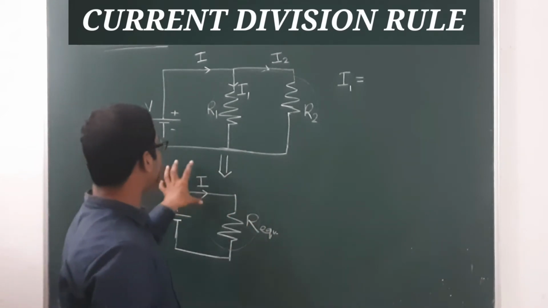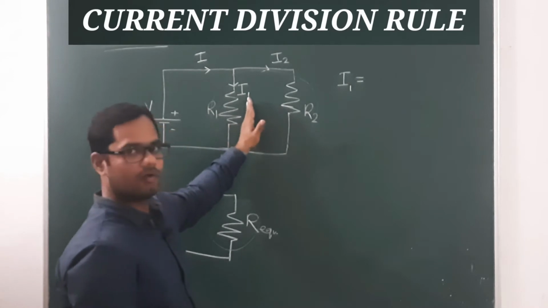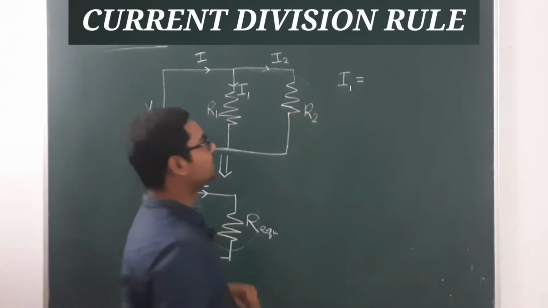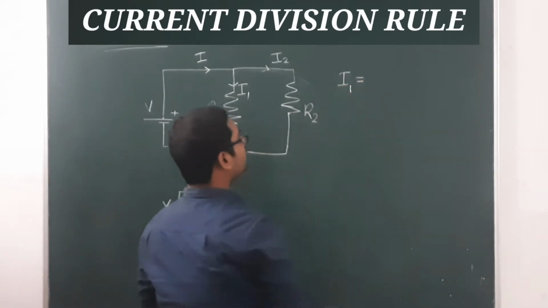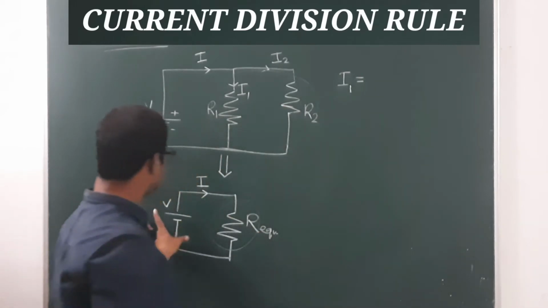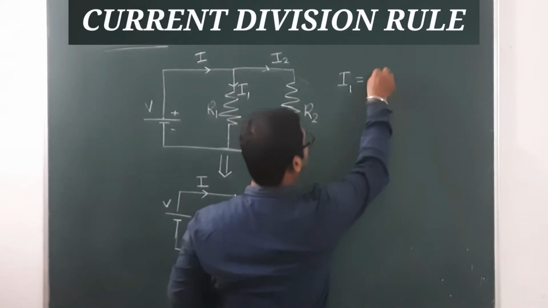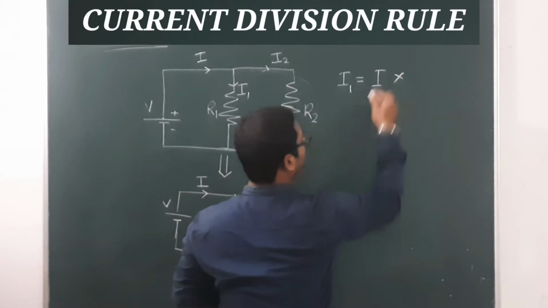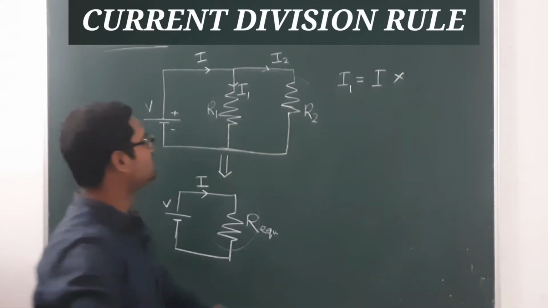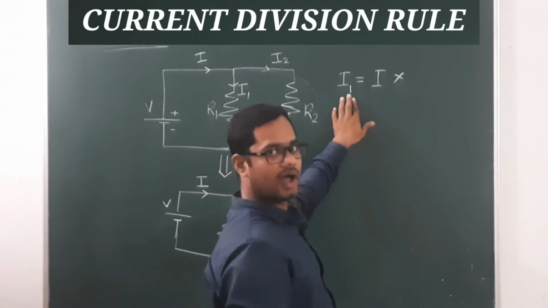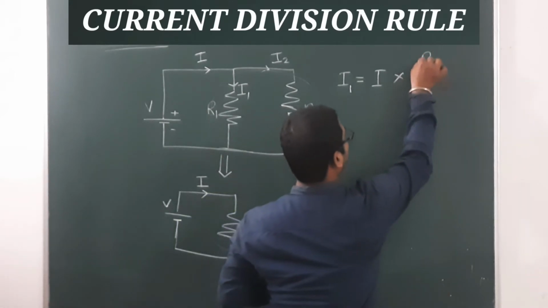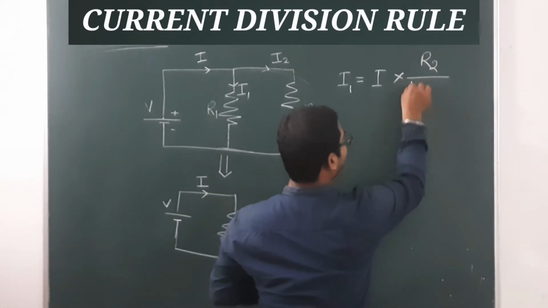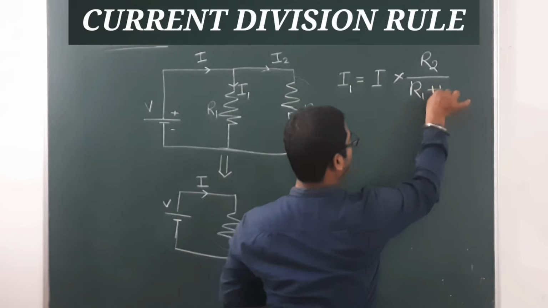Now, what is the current through R1 and through R2? I1 is the source current I, times the opposite resistance, which for R1 is R2, divided by the total resistance.